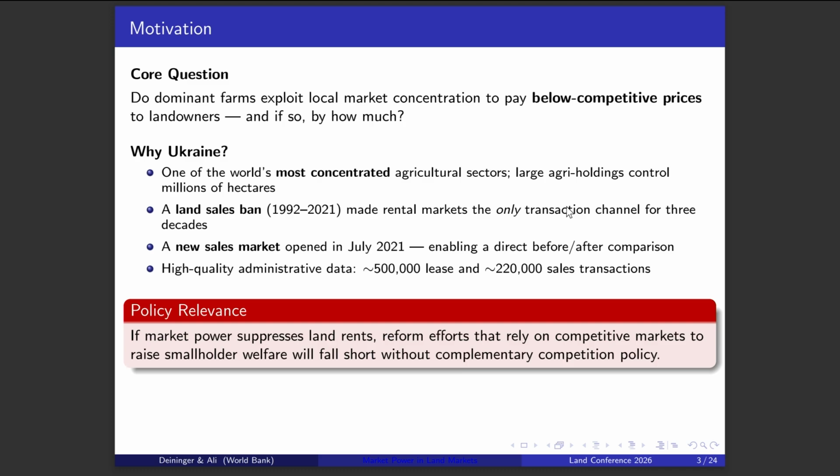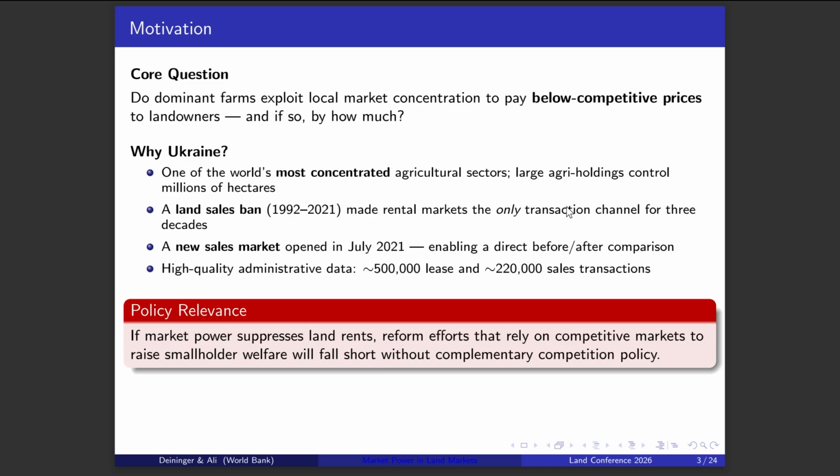Ukraine provides us a clear setting for this analysis. As we heard over the last 2 days, it has one of the most concentrated agricultural sectors in the world, where large agri-holdings control millions of hectares alongside millions of individual landowners who received their land at the Soviet Union breakup.